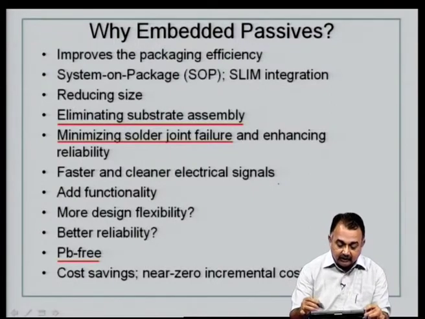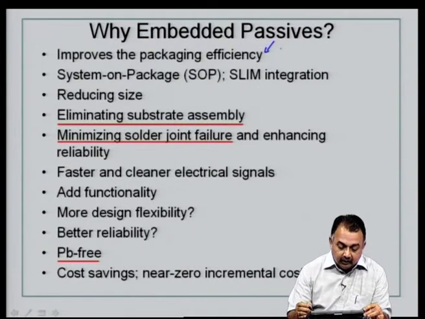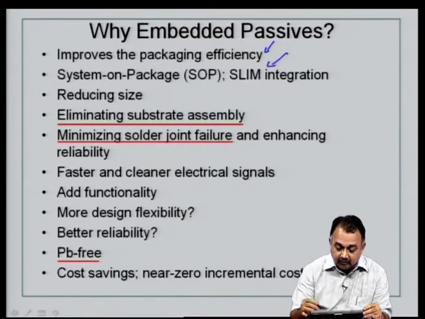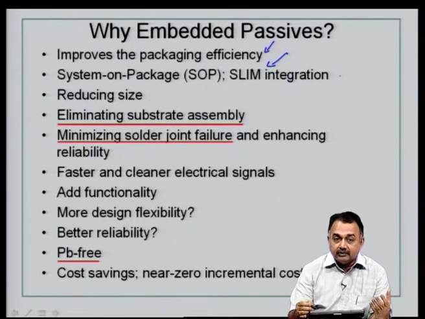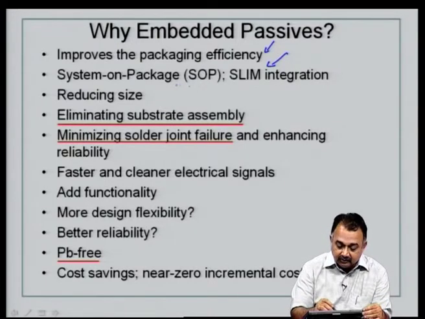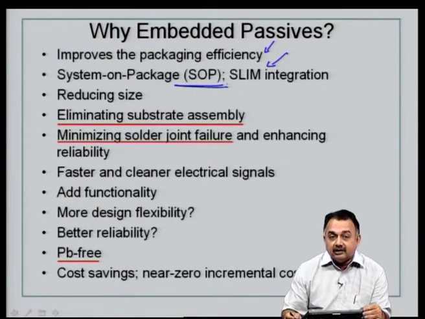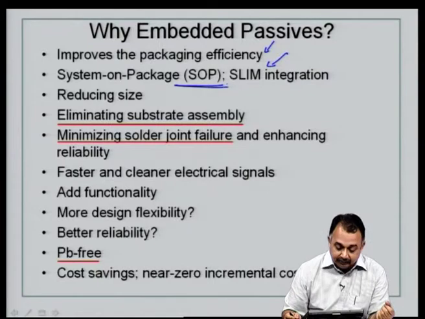So, it is assumed that it will give a higher packaging efficiency. Now, the model that we have seen in the previous 2 slides really indicates that it is a system level integrated module, and typically it signifies a system on package concept, which we have seen and discussed in the module chapter on packages.